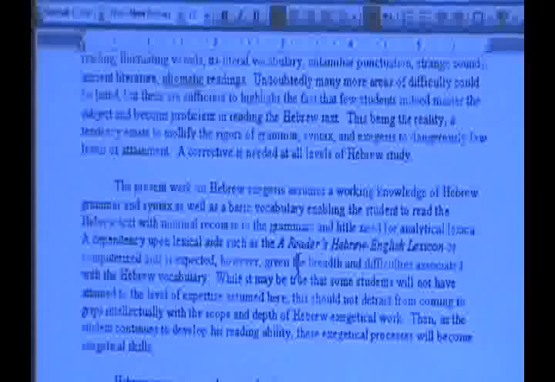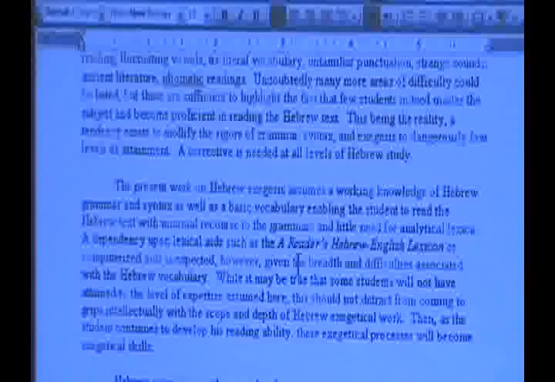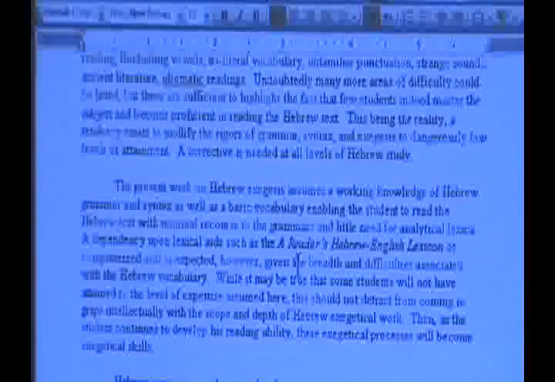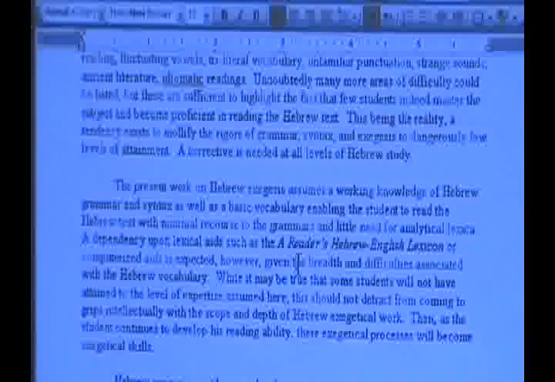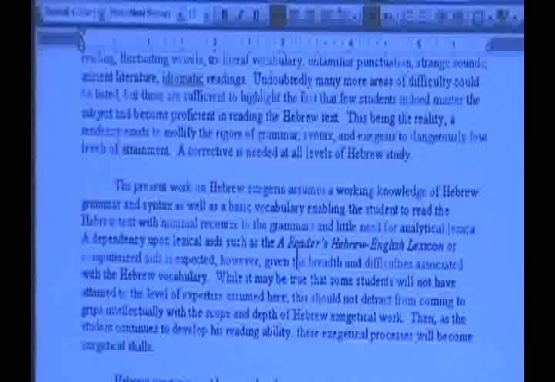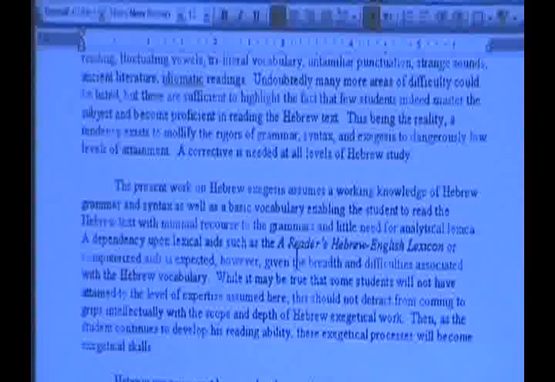Your skill level, in other words, at this level for Hebrew, which is now what, your fourth course? Fifth. Is this the fifth course? Yeah. Your skill level at this fifth course in Hebrew may not be as high as your skill level at the fifth course in Greek. Good. I was going to mention that.